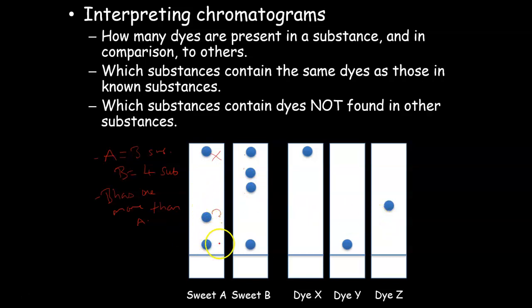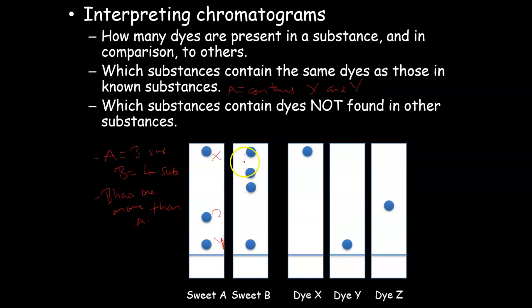If you look at the bottom one, this lines up with dye Y, which is there. So going back to this question, I'm actually going to write up here now. For A, it contains X and Y. And let's tidy up this Y here to make it a bit clearer.